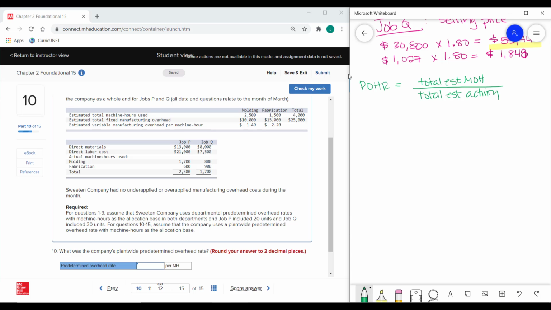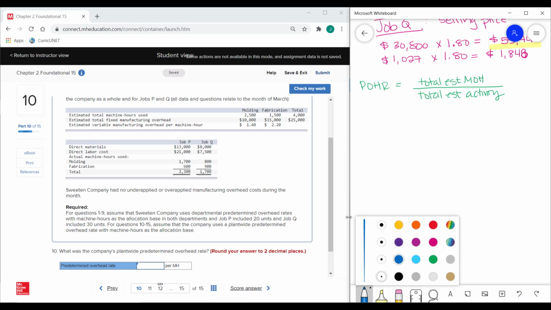The only difference here is that with a plant-wide predetermined overhead rate, that's estimated overhead for the entire company and estimated activity for the entire company, whereas when we were doing the departmental overhead rates for molding and fabrication, we were doing the POR for each of them on their own, finding the estimated overhead for molding and estimated overhead for fabrication separately.